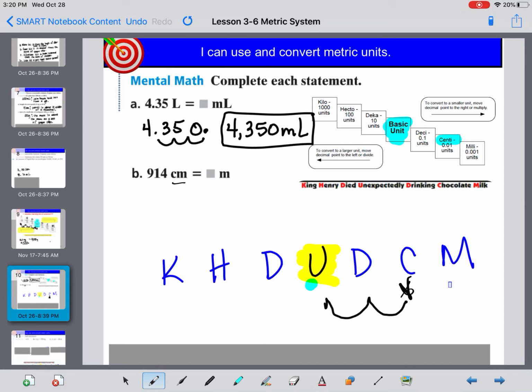Centimeters to meters, 1, 2 places to the left. Now, if there isn't a decimal showing, the decimal is at the end of the number. 1, 2 places to the left, my answer is 9 14/100 meters.